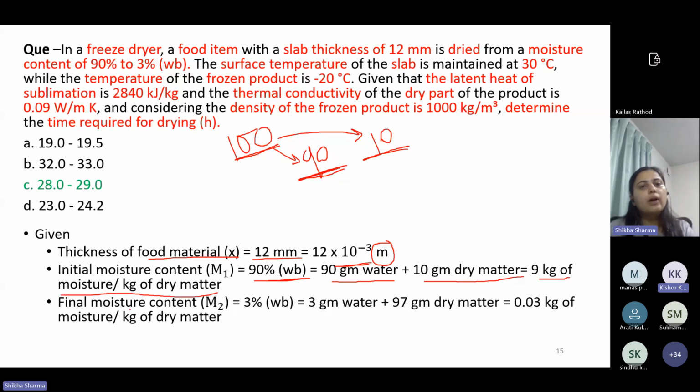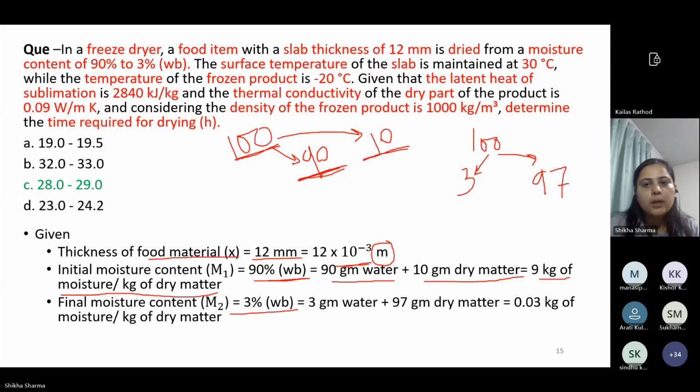And the final moisture content is 3% wet basis. That means in 100 gram of the product, when we dry it, only 3% is water, and 97 grams is dry matter.